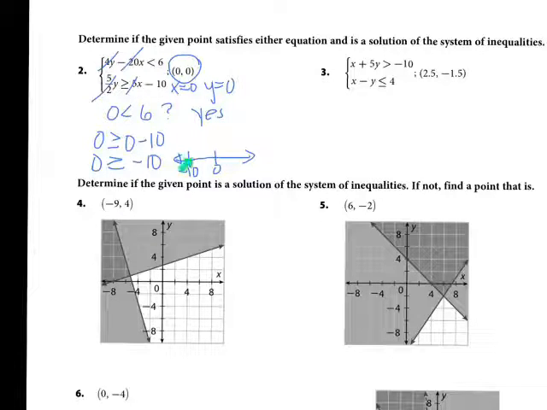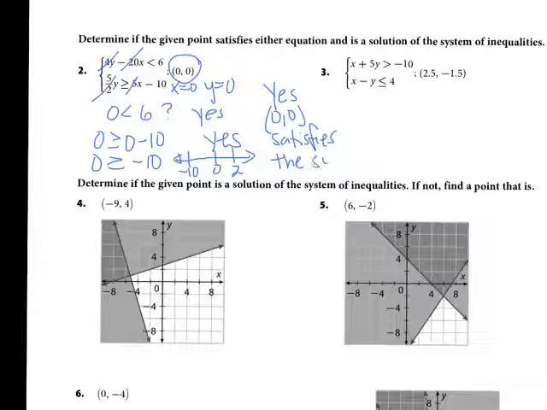If it's to the right, then 0 is definitely greater than negative 10, because 2 is to the right of 0, so 2 is greater than 0, and 0 is greater than negative 10. So the answer to the second inequality is a yes. Then the answer to this problem is yes, 0, 0 satisfies the system.